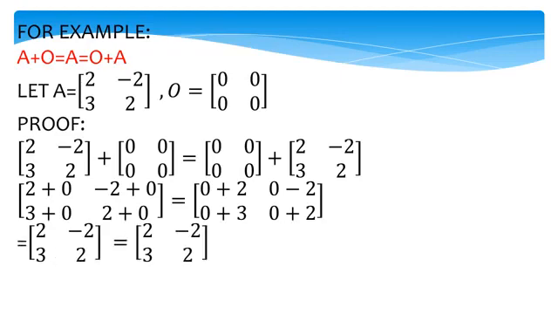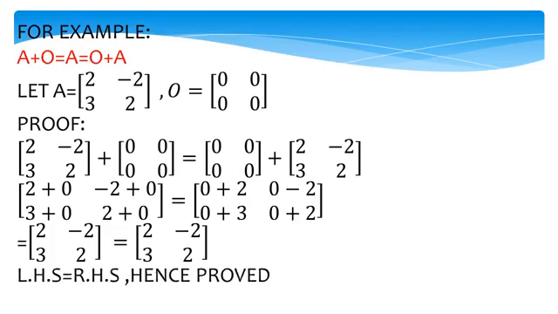The result of left hand side is 2 minus 2, 3 and 2, which is equal to right hand side result 2 minus 2, 3 and 2. The results are same, so left hand side is equal to right hand side, hence proved.